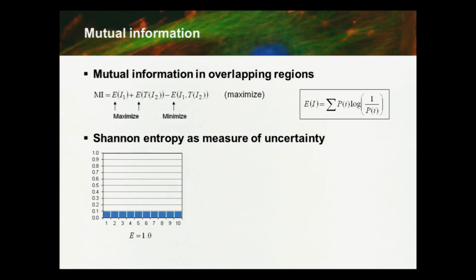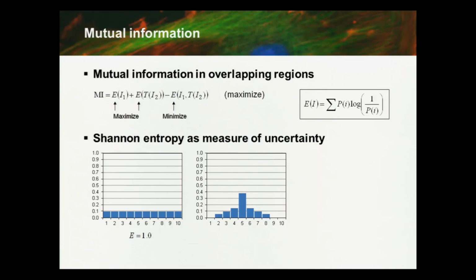So this says nothing about the spatial clustering of pixels with these intensities. So it could either be a completely noisy image, or it could be an image which really has 10 regions that are well clustered. But it just says that there is a lot of uncertainty. There is a lot of structure in the image, and that's the important thing.